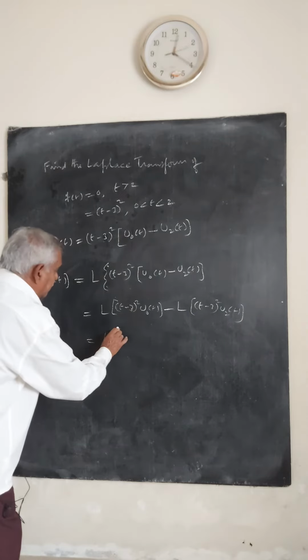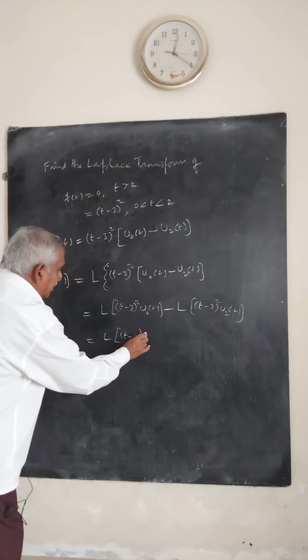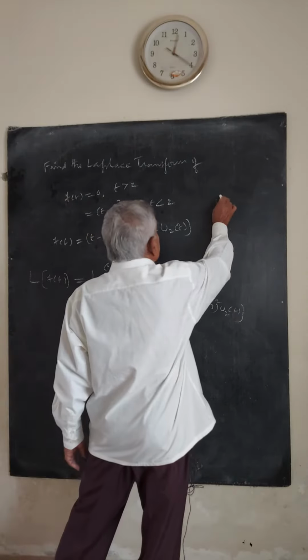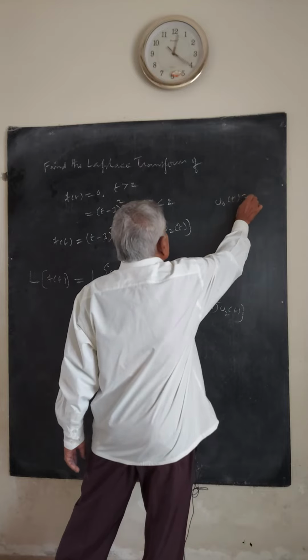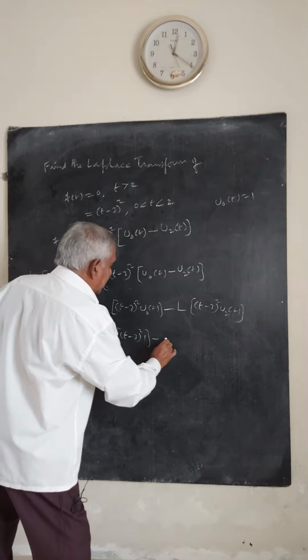L of t minus 3 whole square, u of 0t is 1. Therefore 1. Close the bracket.